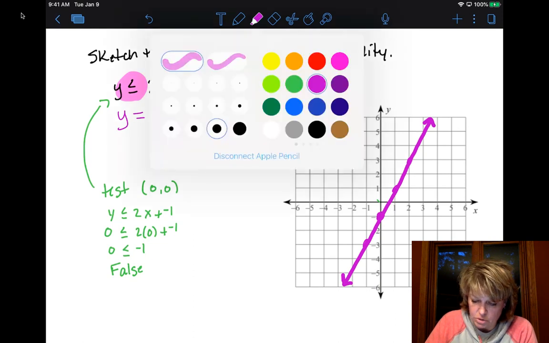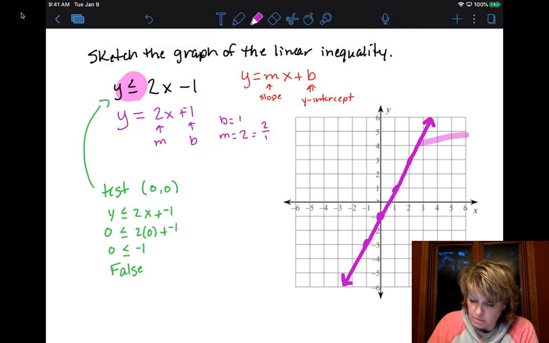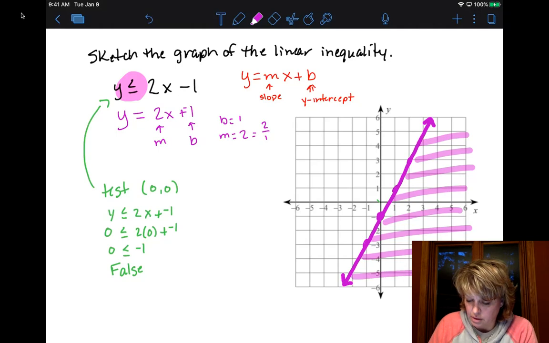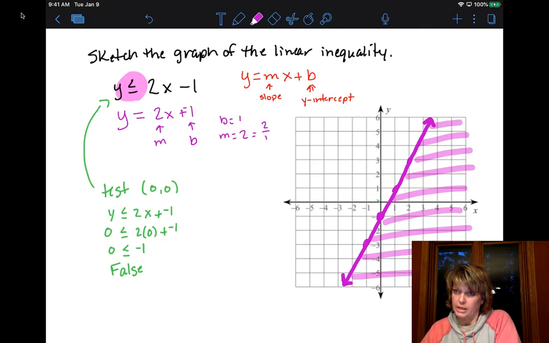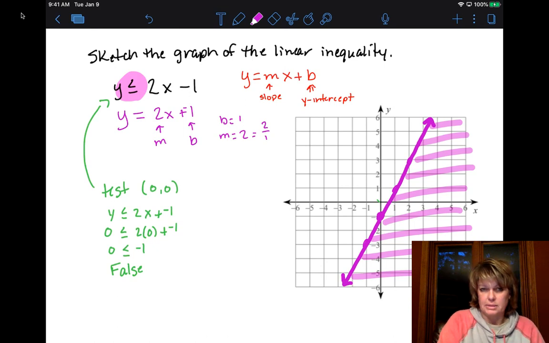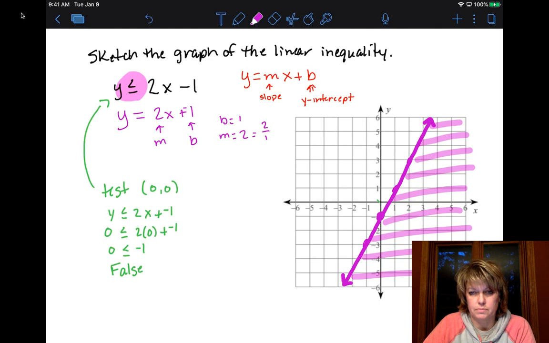Some of you may choose, rather than shading that heavily, to just shade it this way. That shows, again, that all the ordered pairs on the bottom right work, and all the ones on the top left don't, because 0, 0 did not make it true. We tested the point 0, 0, and it didn't work.